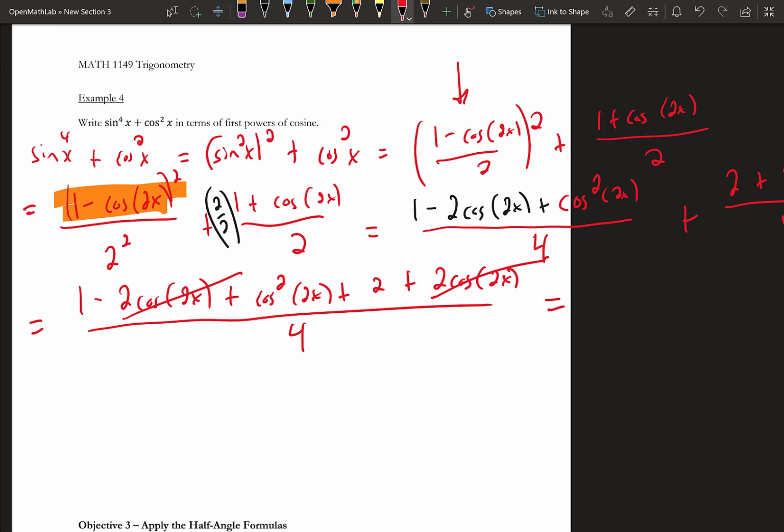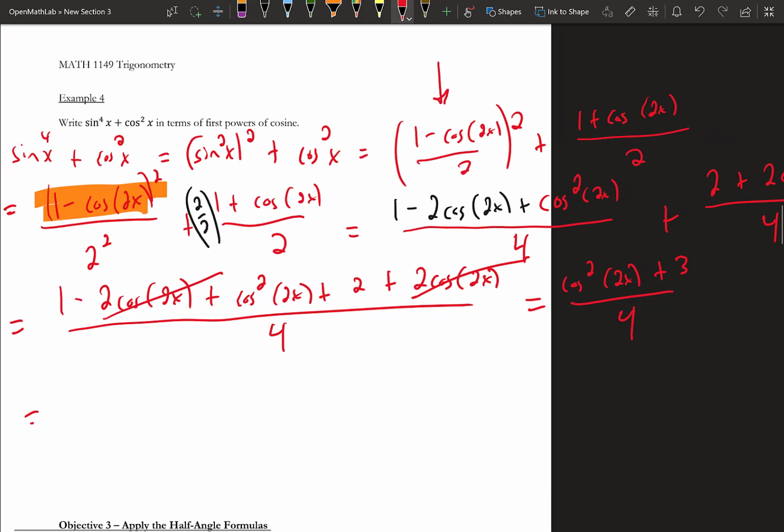So what we end up getting is cosine of 2x squared plus 3, all over 4. To make this easier, this would be the same thing as 1/4 times cosine of 2x squared plus 3.